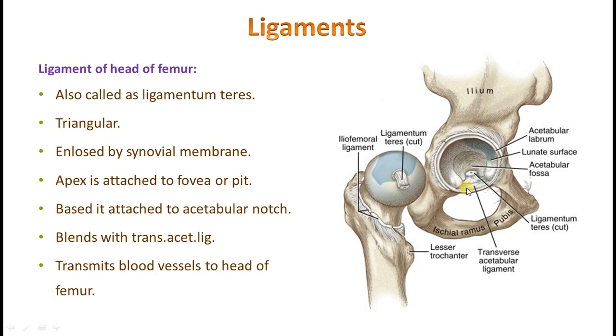So there is not going to be a connection between the epiphyseal and the diaphyseal arteries. So avascular necrosis takes place if there is a fracture. The head of the femur or the neck of the femur will not receive any blood supply. It might go for avascular necrosis, most commonly in children. So the ligament as such does not render any support, it only transmits the blood vessels.